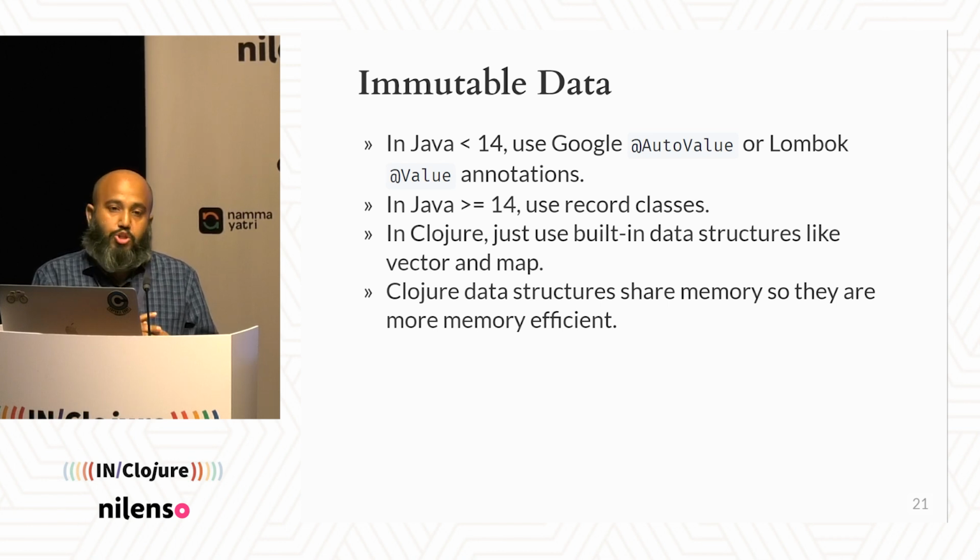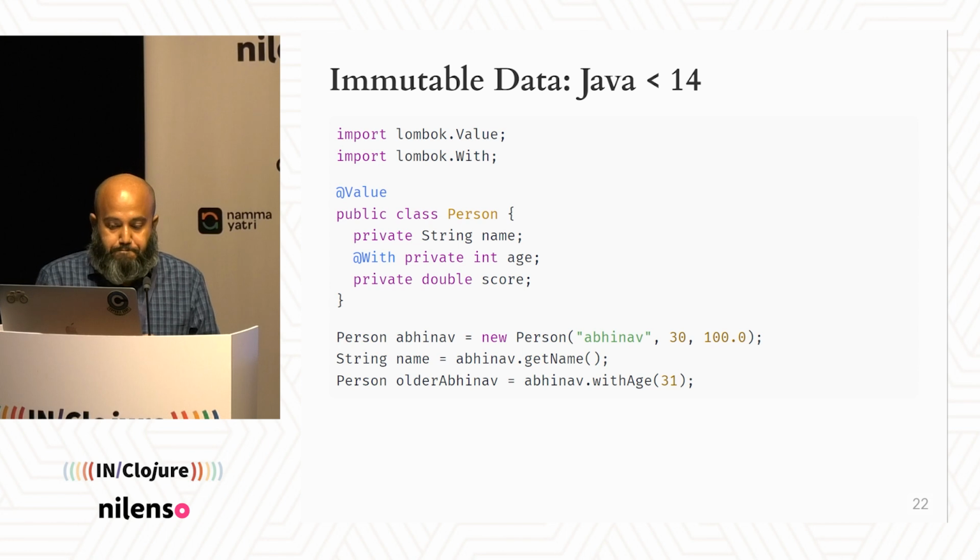Clojure always had immutable data structures, so you just use built-in data structures like vectors and maps and lists. They are immutable. Clojure has one benefit over Java, which is that the immutable data structures are also persistent in the sense that they share memory, so they are more memory efficient than the Java ones, for example. Here's an example in Java, this is Java earlier than 14.